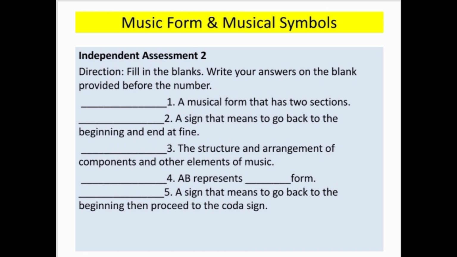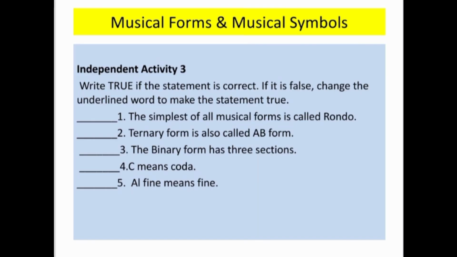Number 3. The structure and arrangement of components and other elements of music. Number 4. AB represents blank form. And number 5, a sign that means to go back to the beginning, then proceed to the coda sign.